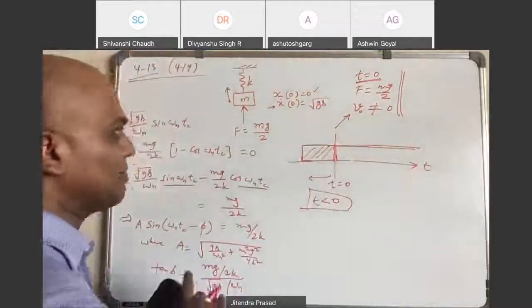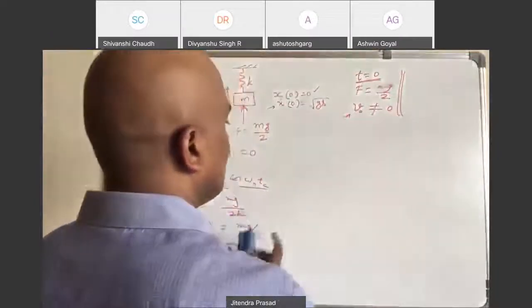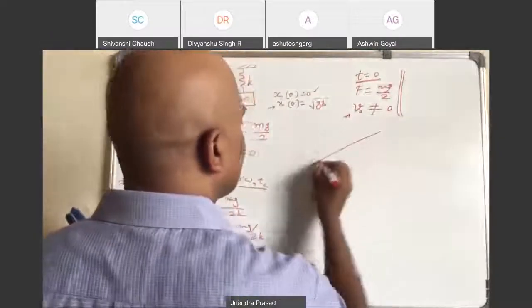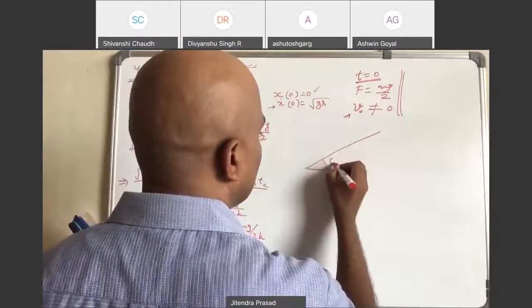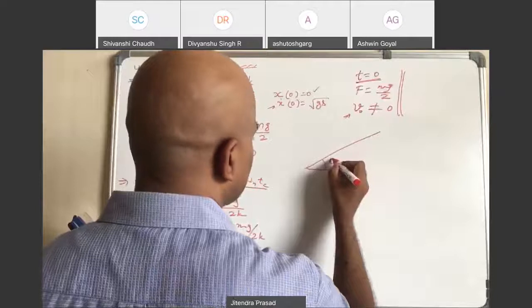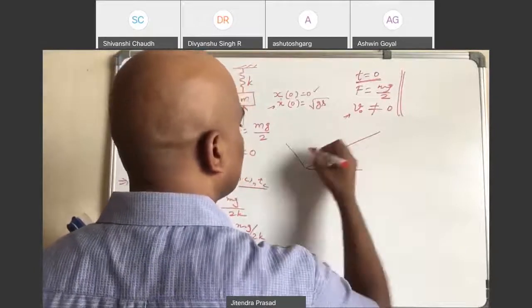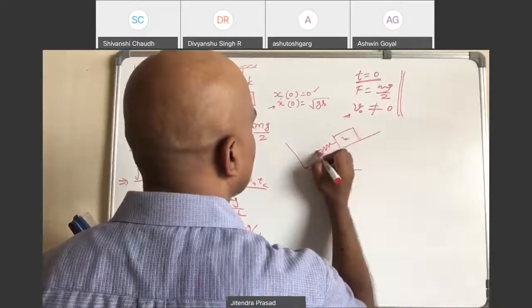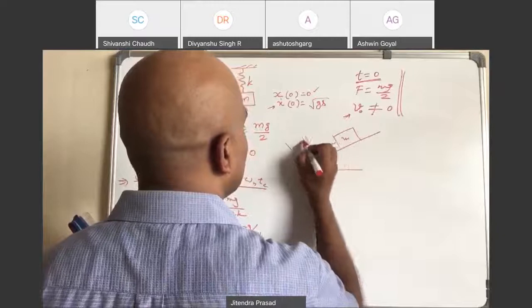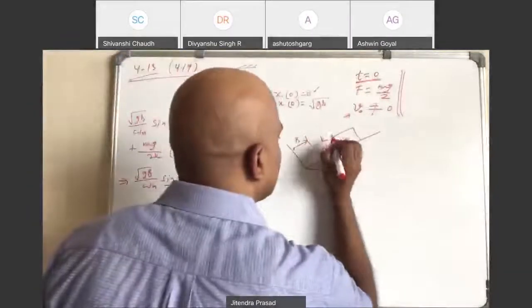Let us say you are in a space, and you have an inclined plane, the same 30 degrees like this one, and you have a wall here, and a mass m here, and then you have a spring here, right? From here to here it is s. We write k here.